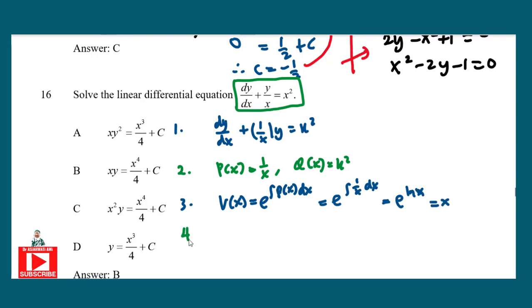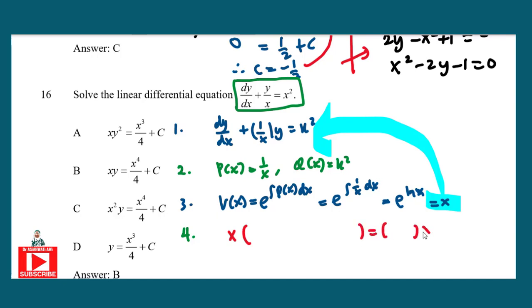Step 4, multiply V(x) into the first equation. Multiply x into the equation: x times dy/dx plus 1 over x times y equals x squared.